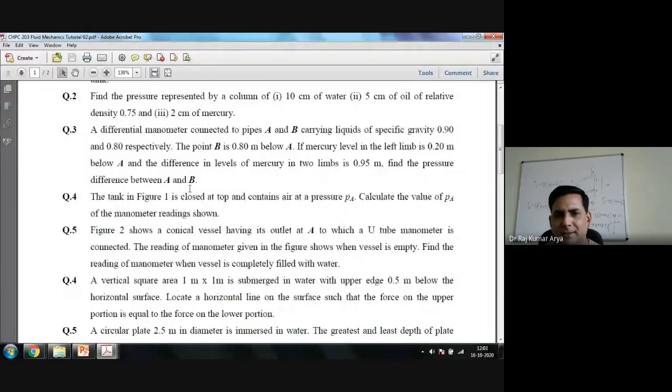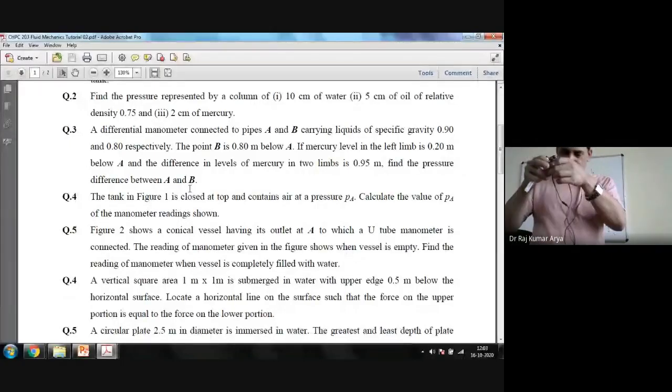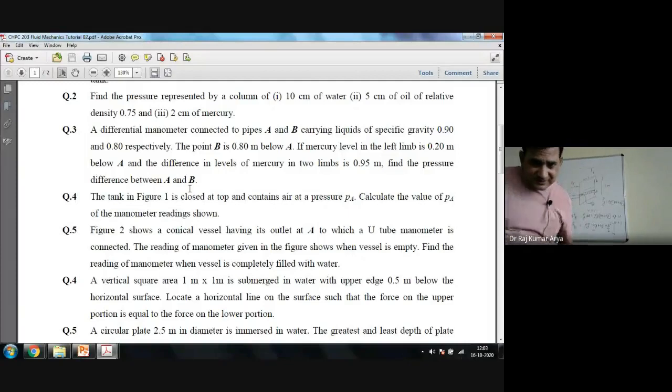So let's see here. A differential manometer connected to a pipe with specific gravity.